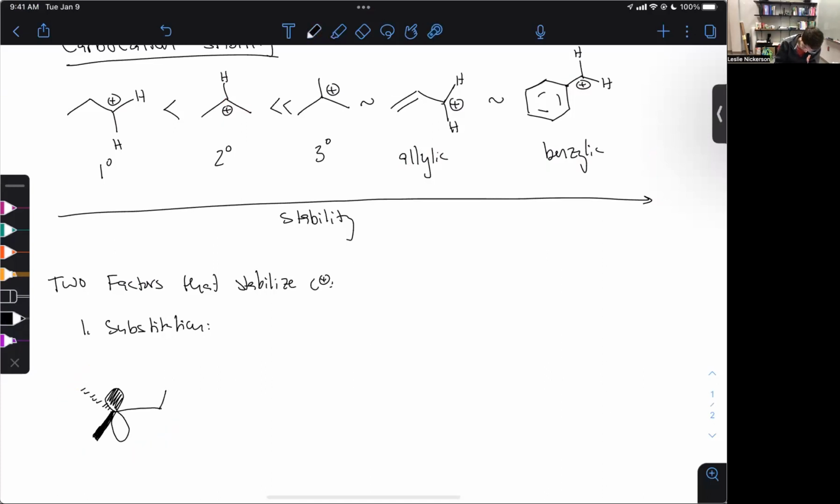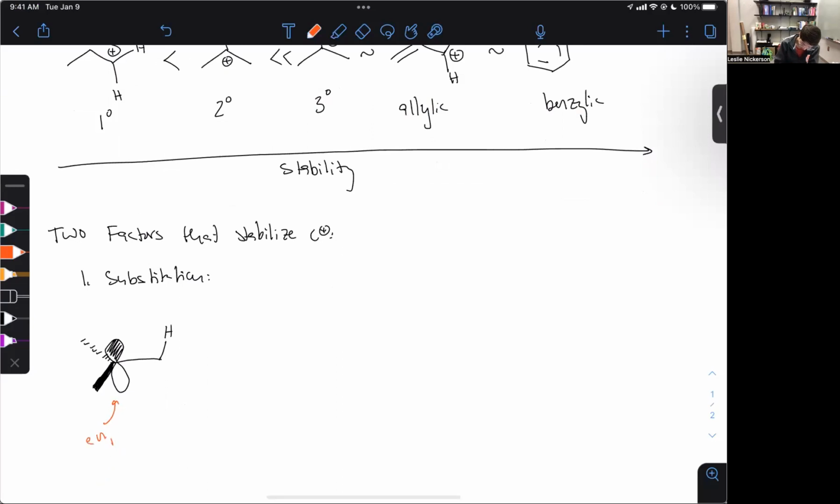Right here, I have a CH bond, and I also have CH bonds here. I'm not going to draw those in, because it's just going to make my drawing a bit messier. But I have that CH bond right nearby. So what's going on here is I have an empty p orbital that is desperately wanting electron density, and I happen to have electron density close by.